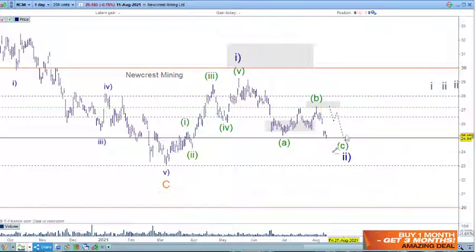So we're looking for something like this. Anything below this here will be a problem. Okay, so that's as far as we can stretch the situation. Below that brings us into a much bigger bearish picture at that point.